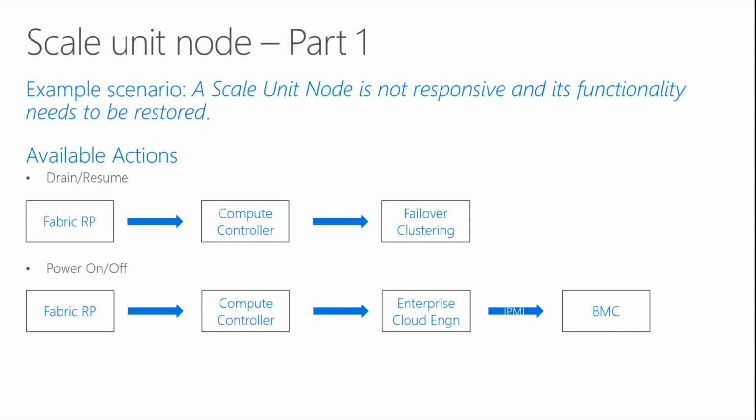That is a set of computer interface specifications for an autonomous computer subsystem that provides management and monitoring capabilities independent of the host system CPU, firmware, etc. The ECE, through IPMI, communicates with the BMC, the baseboard management controller.